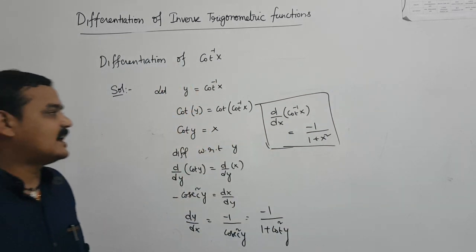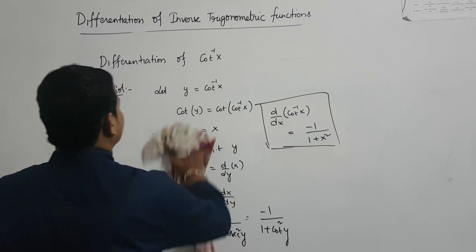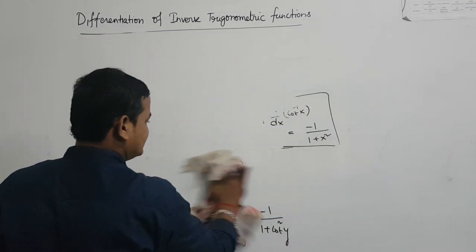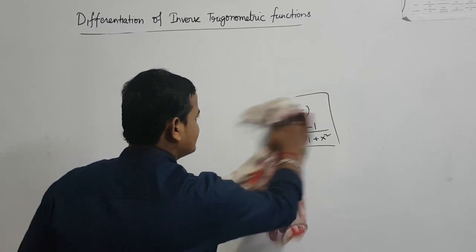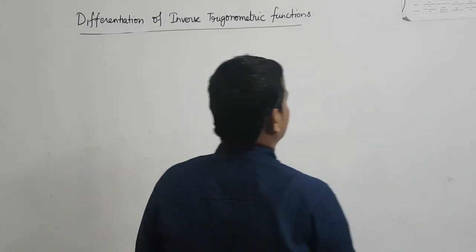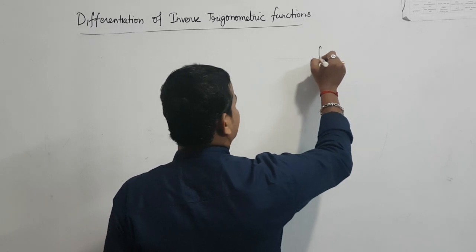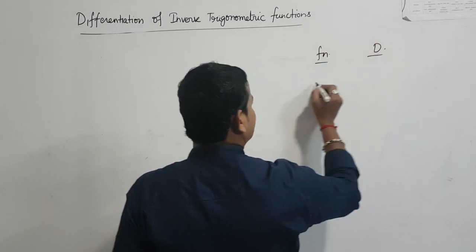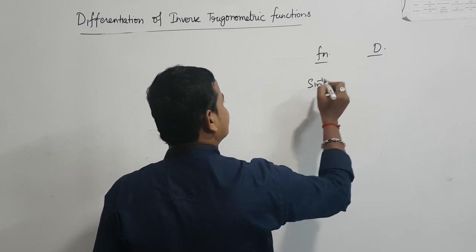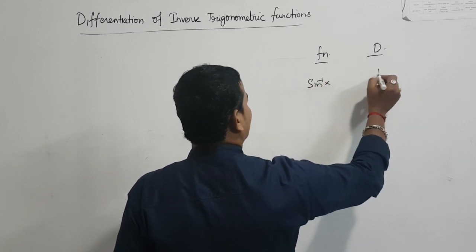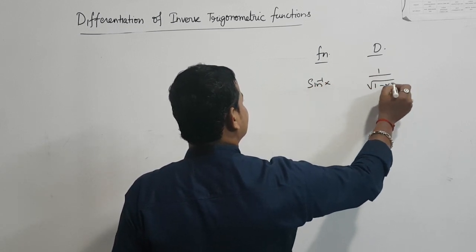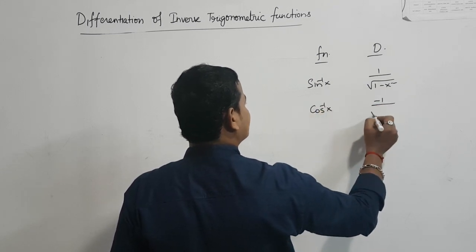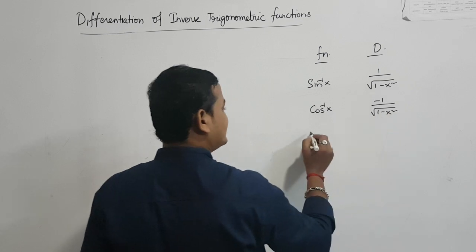So finally, what are the differentiations of all the trigonometric functions? Let me write the differentiation formulas. Function, their derivative. First of all, sin inverse of x, the derivative is 1 by root over 1 minus x square. Cos inverse x, its derivative is minus 1 by root over 1 minus x square.